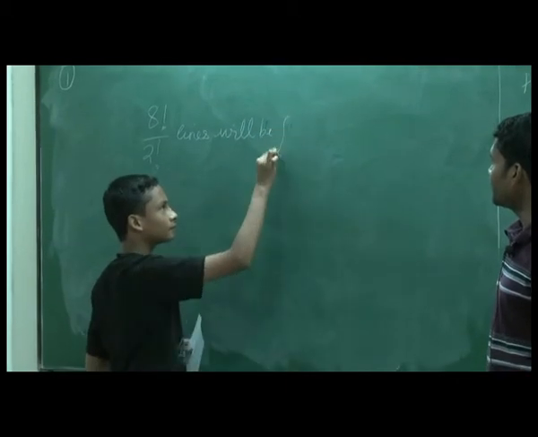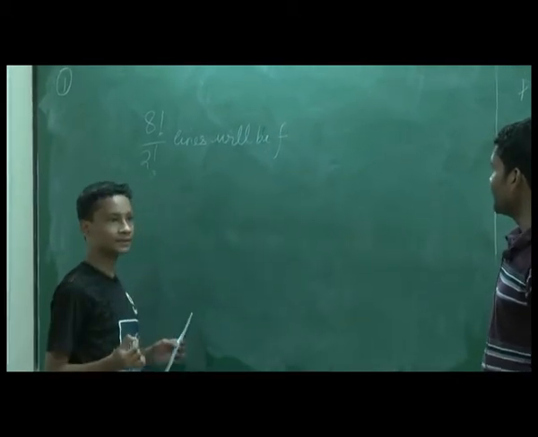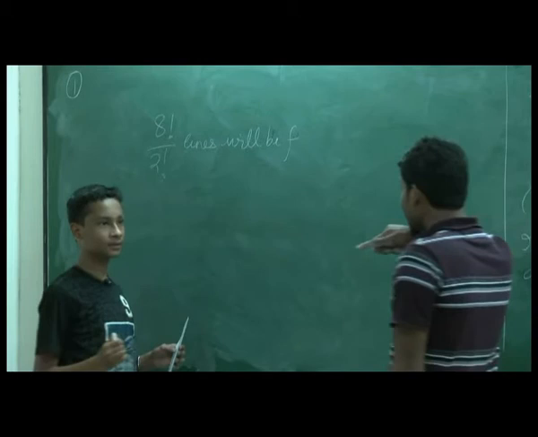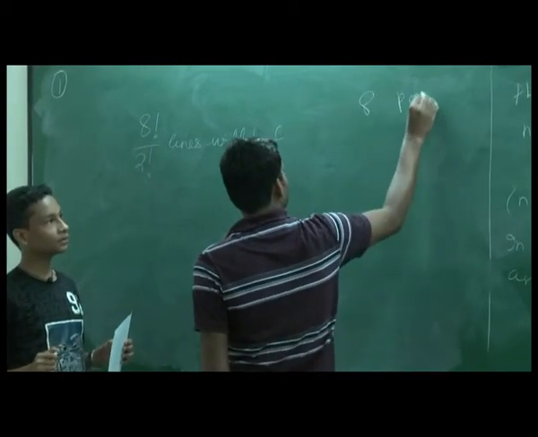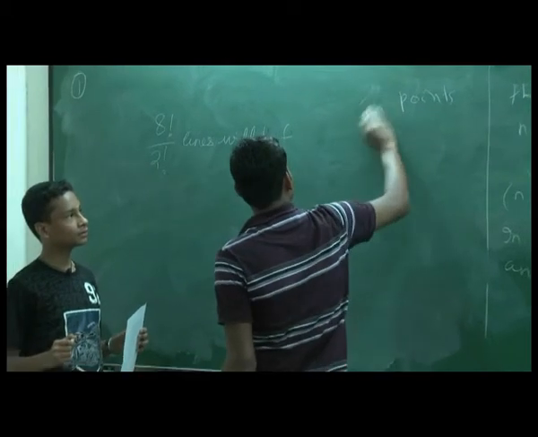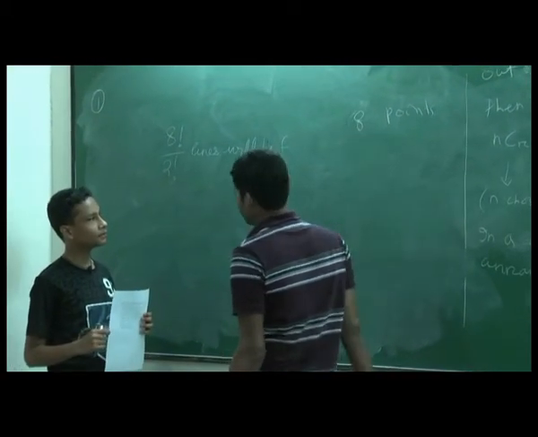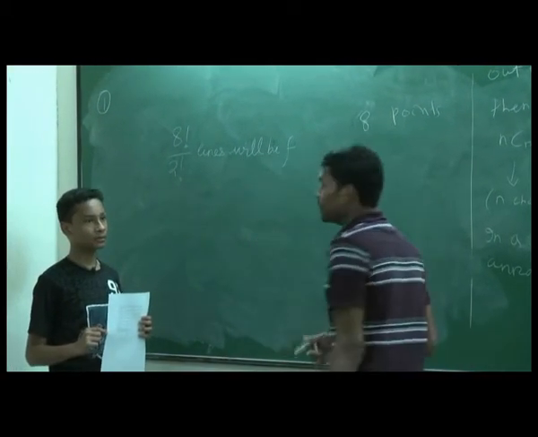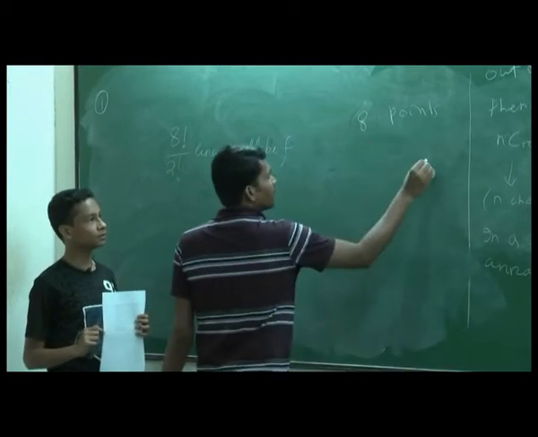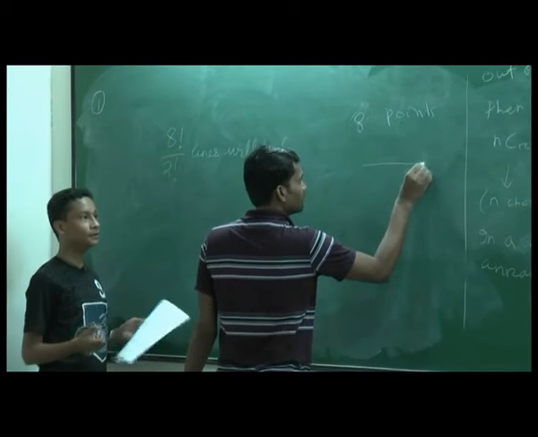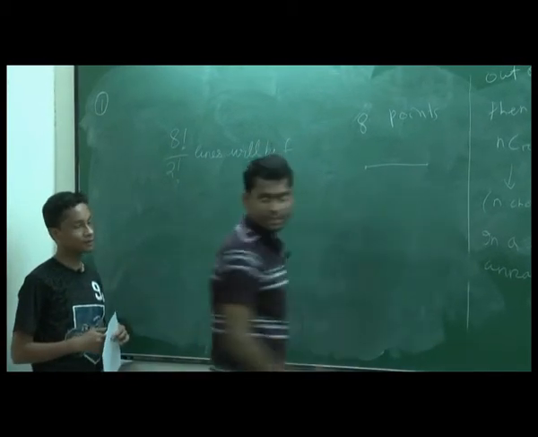Here there are 8 points. For making one line, how many points do we need? 2 points. 8P2, 2 points we need.